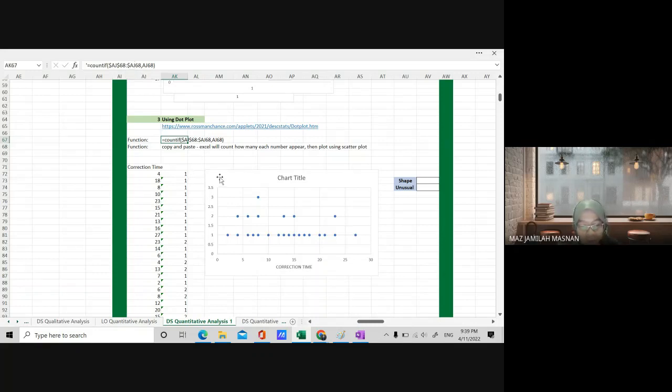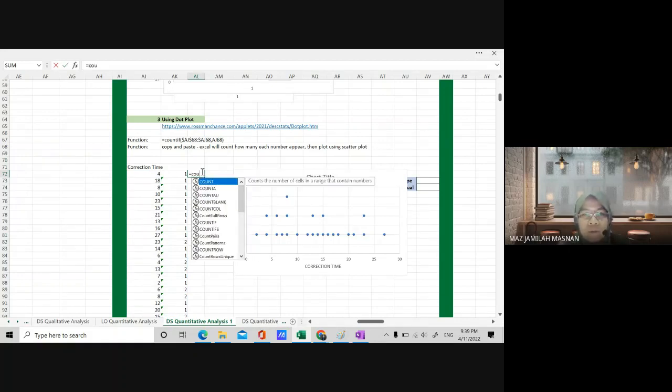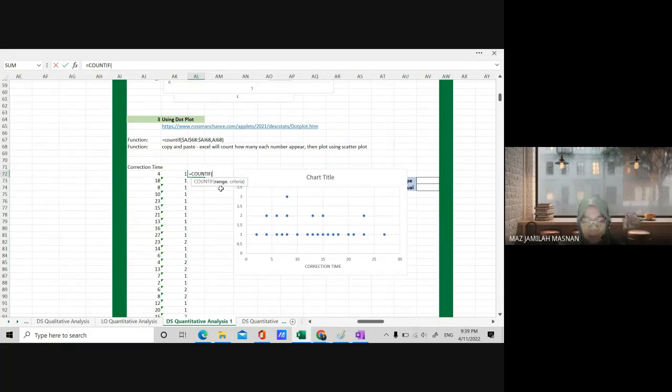So if I were to do it again for you, how can I do that? Equal to COUNTIF. Look for COUNTIF, double click, and then you have the range, that will be the first observation, comma, observation, and then comma, the same location of your data.